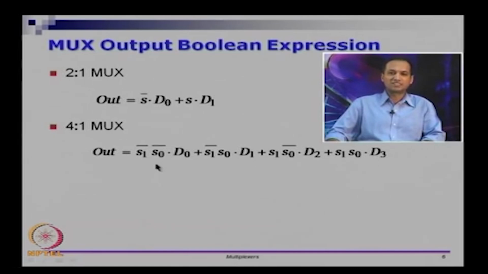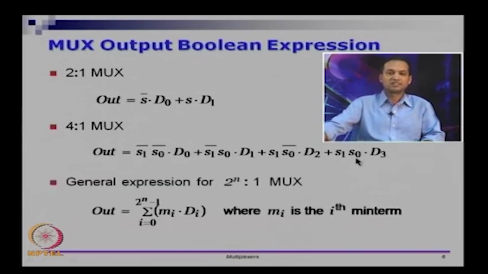So you can see that the structure is very similar to what you had here. Here you had 2 combinations for a single input line S. Here you have 4 possible combinations: S1, S0 both complemented, only one of them complemented, and both not complemented. So the general expression for out, as a Boolean expression, is the logical OR over 2 power n terms, from 0 to 2 power n minus 1, of mi, which is the minterm i, ANDed with data i, which is the ith line of data.